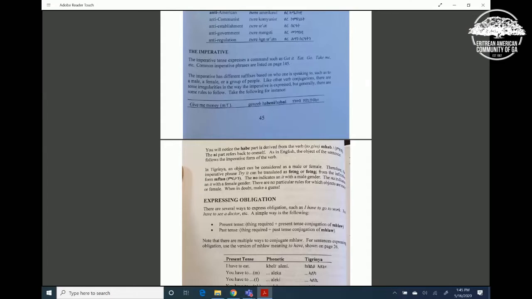So you are pressing the person to give you money. So you are forcing him to give you money. That is ገንዘብ ሀበኒ. Give me money. Give is the verb to give. Me is ንዓይ. Money is ገንዘብ. So ንዓይ ገንዘብ ሀበኒ.